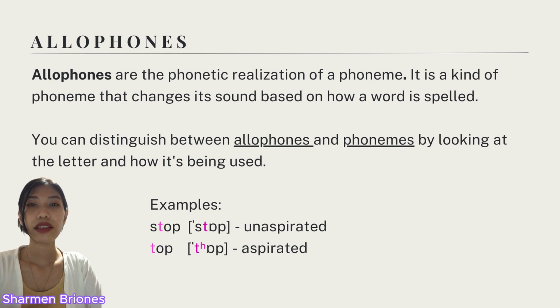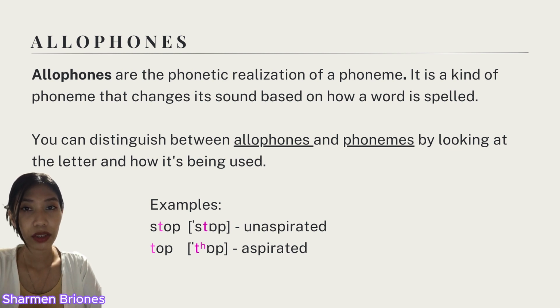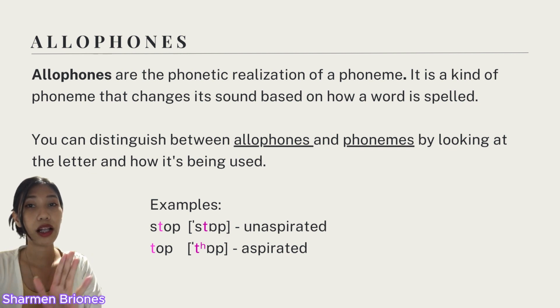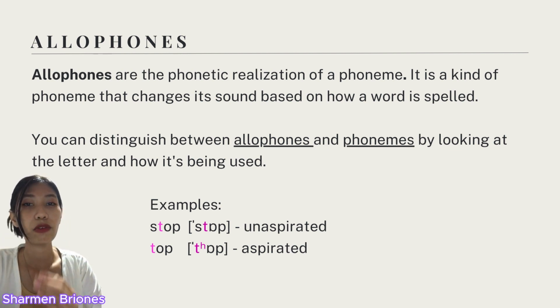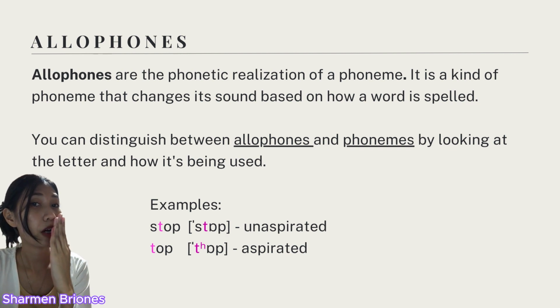Let's take a look at this example below. We have the words stop and top. We can see that they have the same phoneme, which is the T, but one is aspirated and one is unaspirated. So what is aspirated and unaspirated? If you put the palm of your hand right in front of your mouth like that, and try to utter the words stop and top, you can feel the difference with the puff of air.